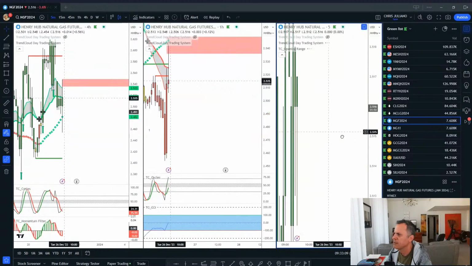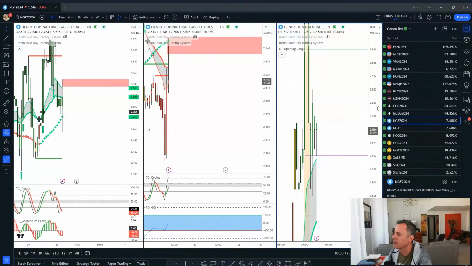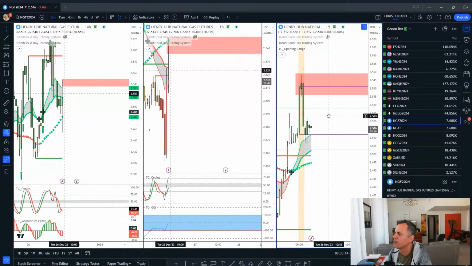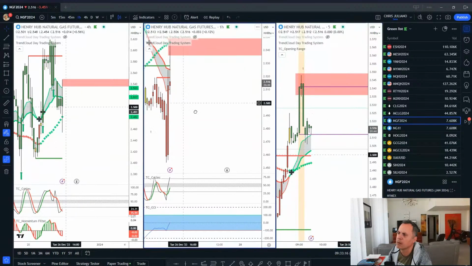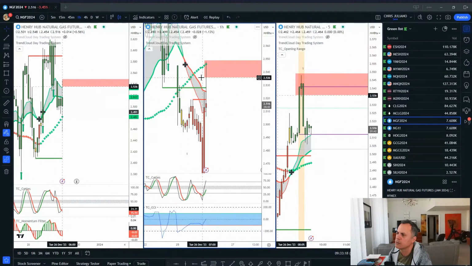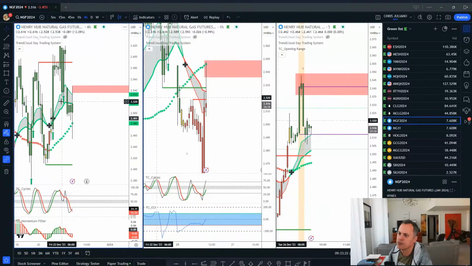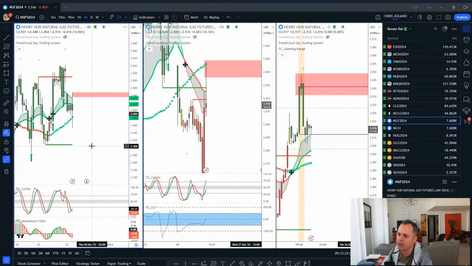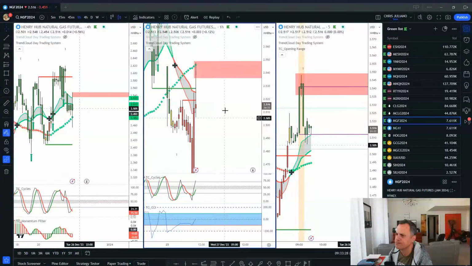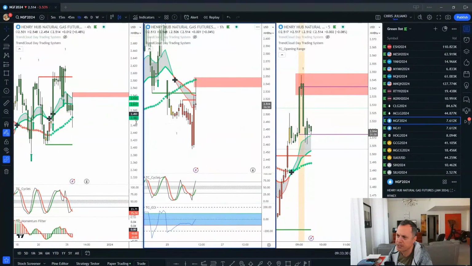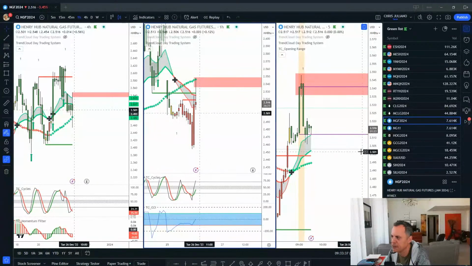Natural gas, again. Pseudo downtrend. Uptrend on the high time frame. Starting to cycle up, momentum down, just a bunch of mixed signals. When you have a bunch of mixed signals, you can't really follow a plan, can you?